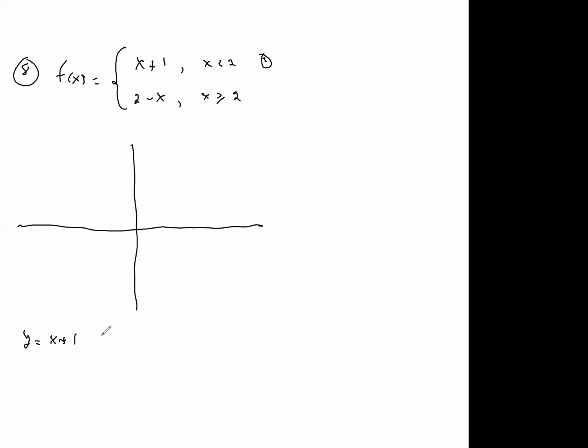I'm going to use intercepts to graph. When x is equal to 0, y is equal to 1. Now when y is equal to 0, x is equal to -1. Plus 1, -1. And we have the first graph.